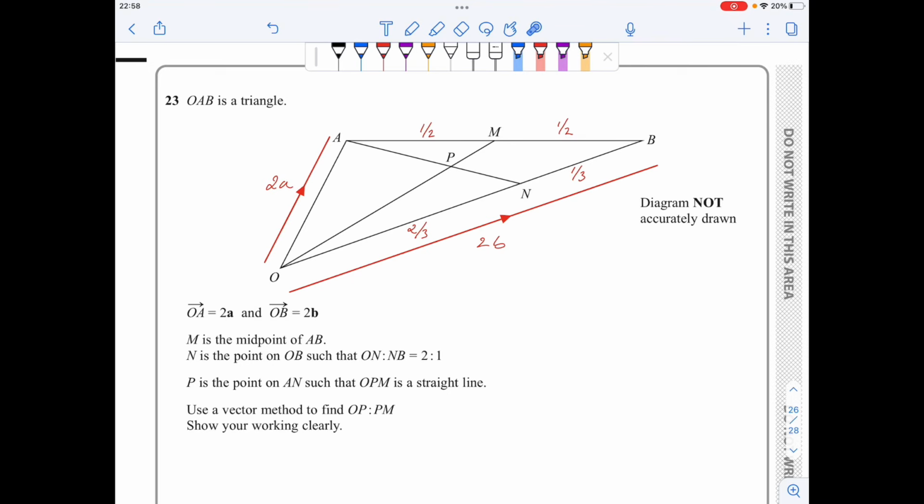Now I need to find the ratio OP to PM, and the way we do these equations is that we specify a fraction for OP as a fraction of the whole thing. Let's call this lambda. That's a number, that's a fraction. And also AP is another fraction of the line AN.